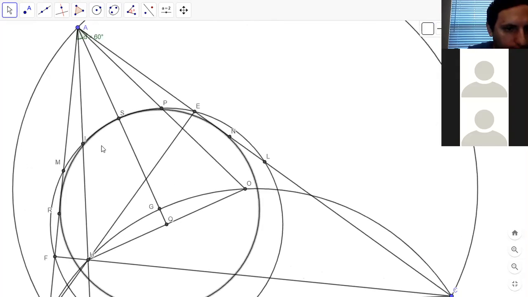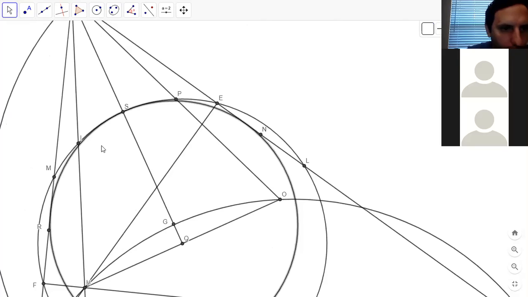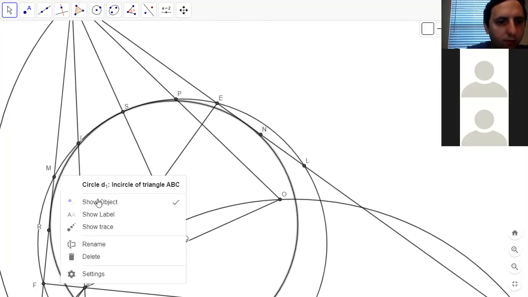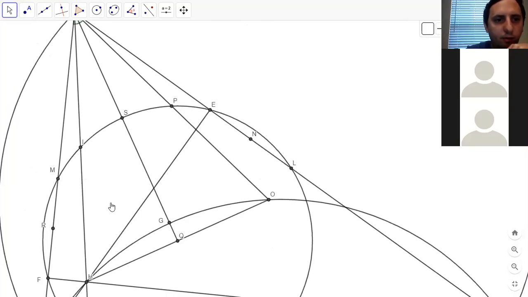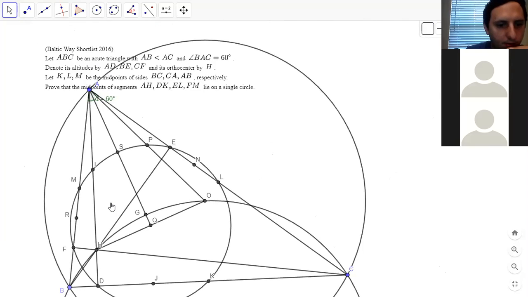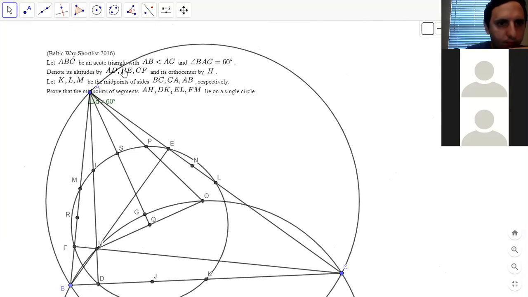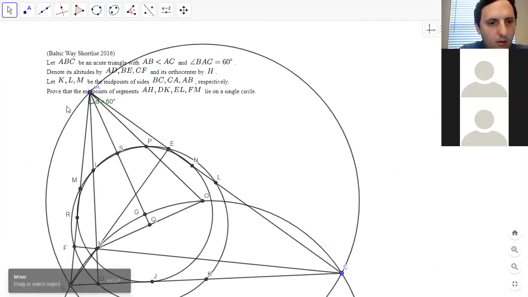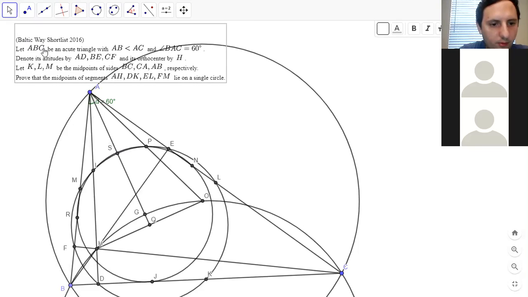It's like this circle doesn't actually... Oh, that's because I drew the incircle. I don't want the incircle. I want this circle. Here we go. That's the circle we want to show exists.